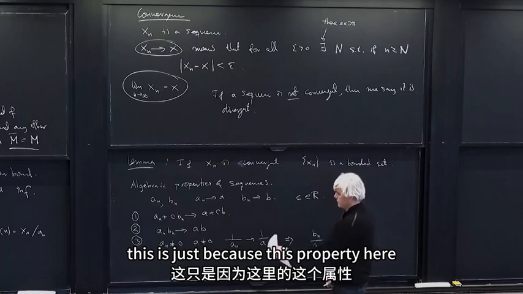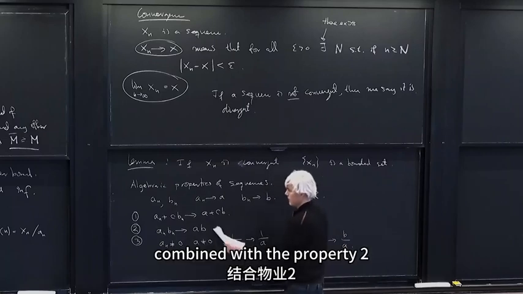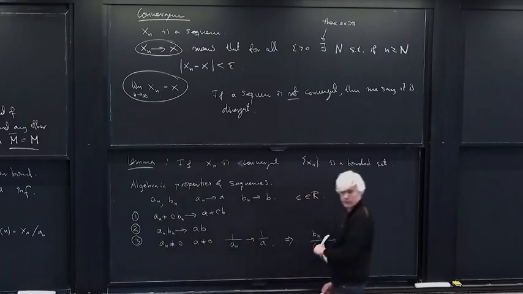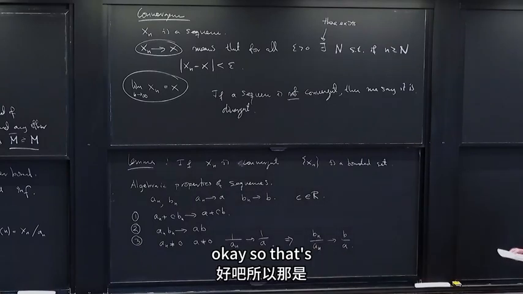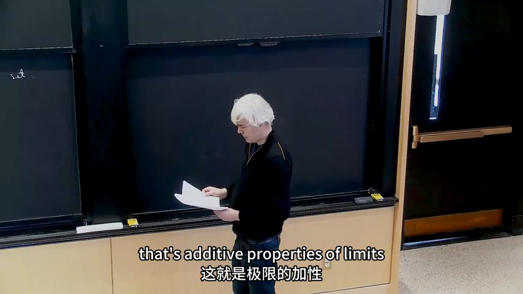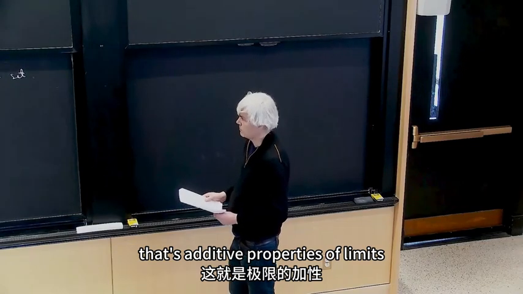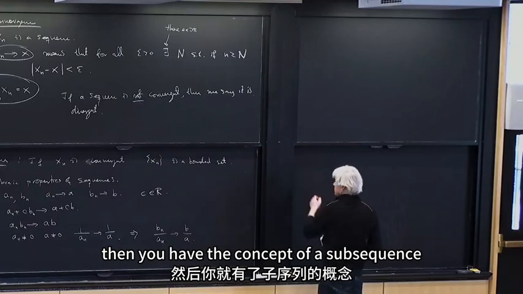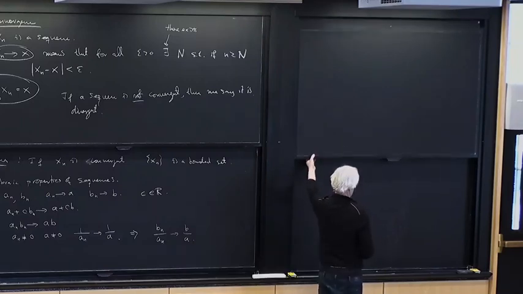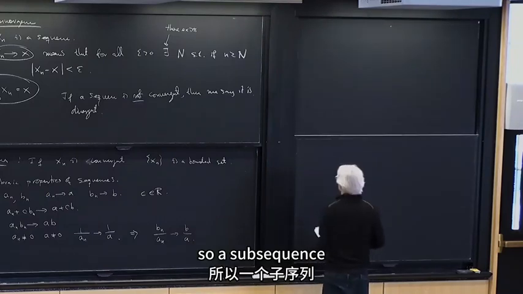This is just because this property combined with property 2 will give you this. Okay, so those are the algebraic properties of limits. Then you have the concept of a subsequence. So a subsequence.